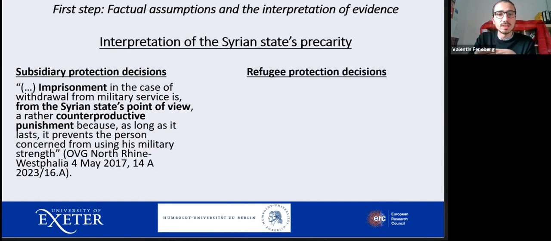On the other hand, refugee protection decisions, in contrast, also considered the Syrian state to be under pressure, but said this is the very reason why this state would treat every returning draft evader as an opponent, as a traitor.